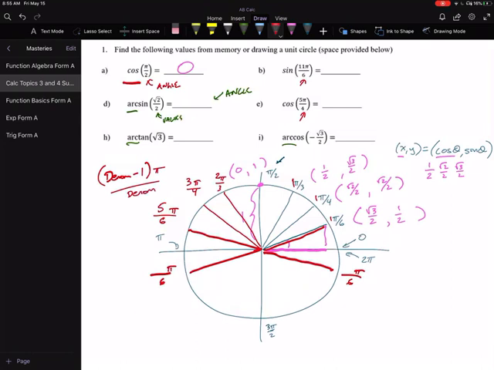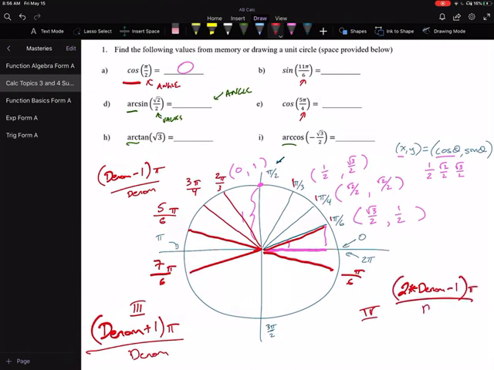Here, in the third quadrant, we're looking at the denominator plus 1 times pi over the denominator. So here, if I have a 6, I will have 7. Finally, in the fourth quadrant, we have 2 times the denominator minus 1 times pi over the denominator, which means if the denominator is 6, 2 times the denominator is 12, minus 1 is 11, and that's the angle I'm looking for, 11 pi over 6.